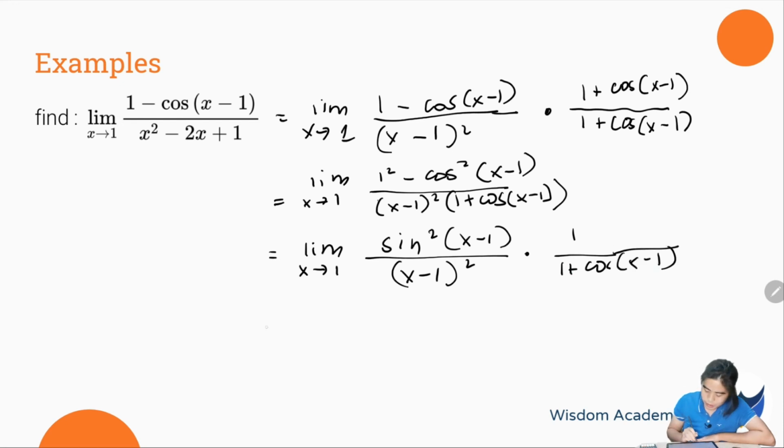Okay? So, this will become 1 times 1 plus cosine 0. This will be equal to 1 half.